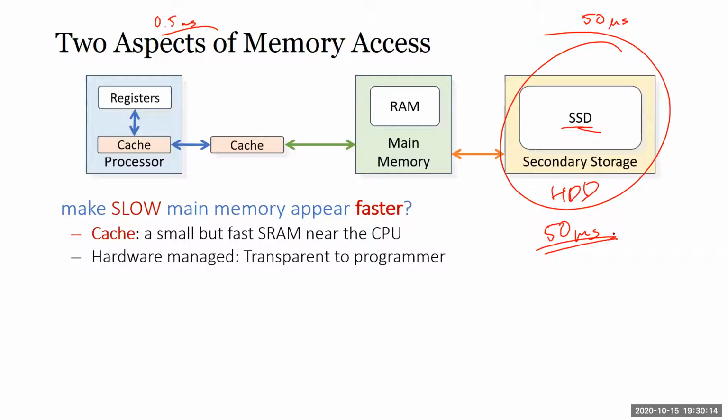So we cannot afford to just run your programs directly off your secondary storage, which is why your operating system takes your program and loads it into RAM. It will read everything into RAM. That's why when you open a big program like Microsoft Word, it takes so long to load.